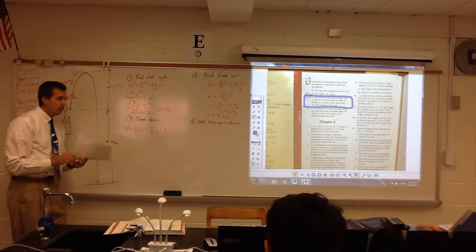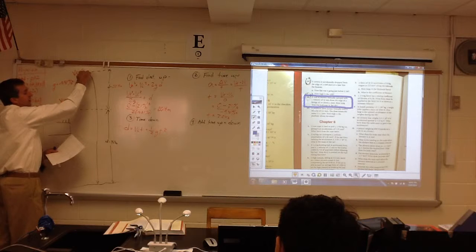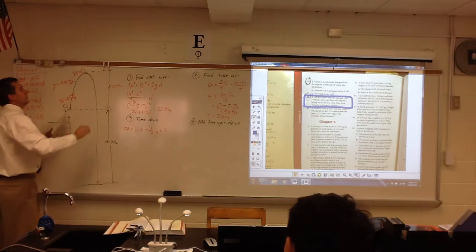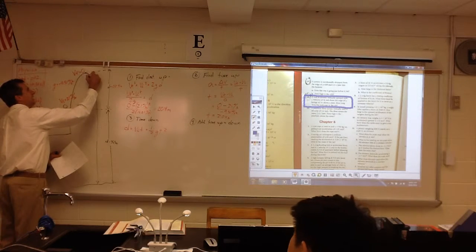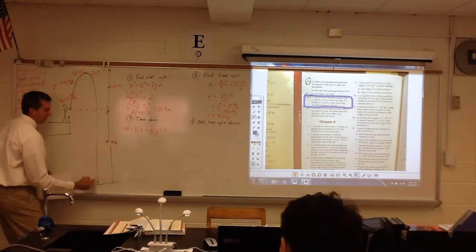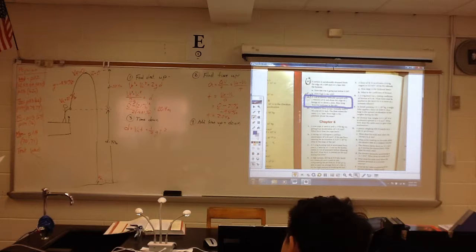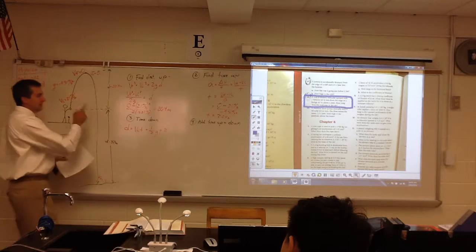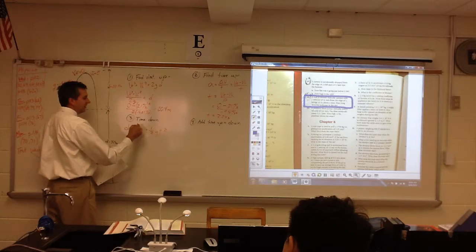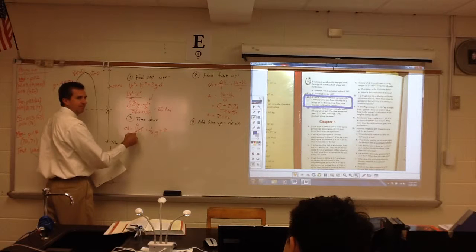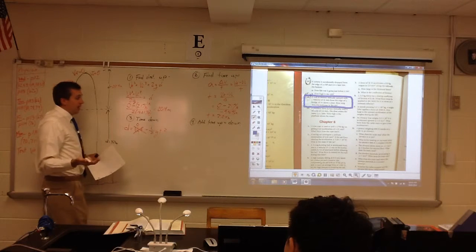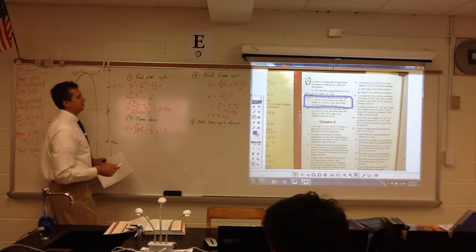Now, this is like a new problem right here. We're going to start here and we're going to go down. So what do you call this up here? This is now the initial velocity, and the final velocity is all the way down here. So the initial velocity is 0, and if this is 0, what does it do to this time? Cancels, it's gone. Now the problem is doable.